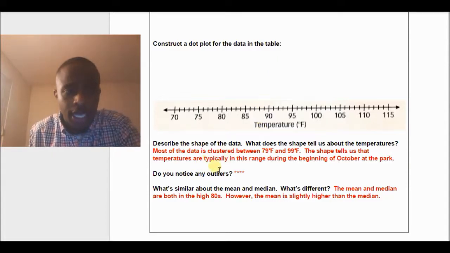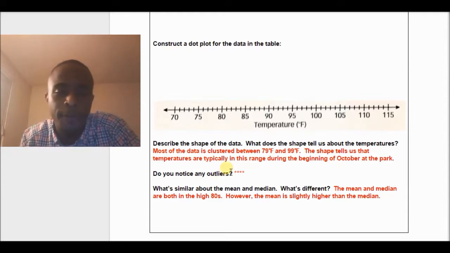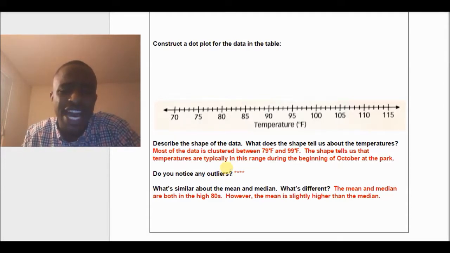All right, and now that you've constructed your dot plot, we found our median and our mean. Let's go ahead and now answer these questions. The first question is to describe the shape of the data, and what does the shape tell us about the temperatures? If you look at your dot plot, you'll see that most of the data is clustered, and remember that keyword, between 79 degrees Fahrenheit and 99 degrees Fahrenheit.